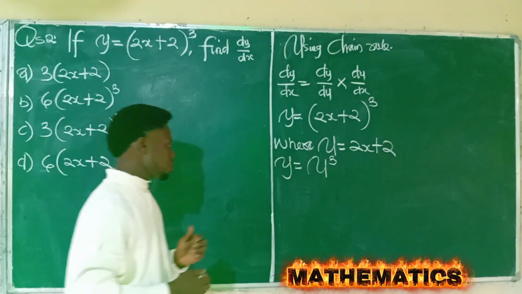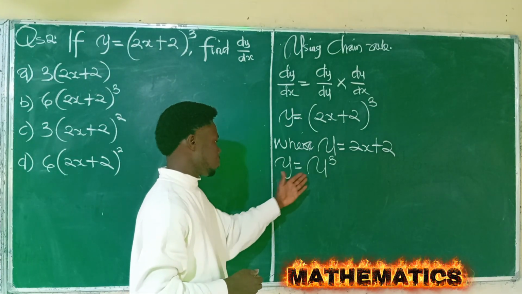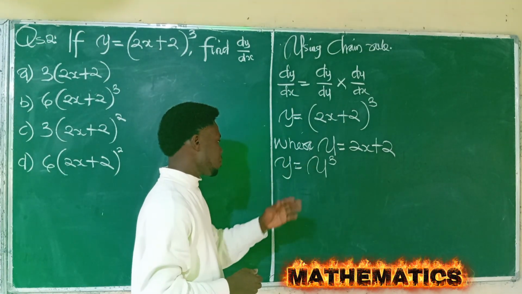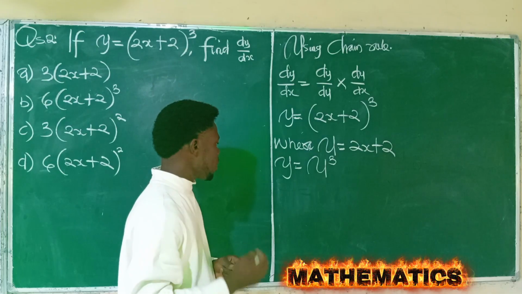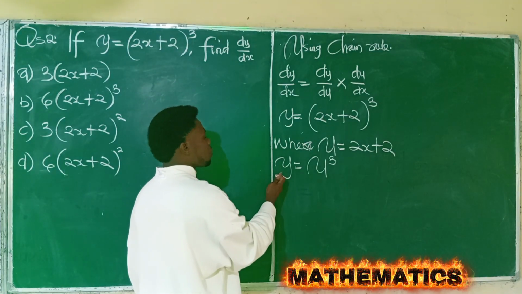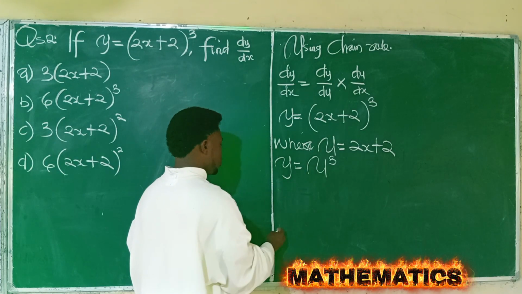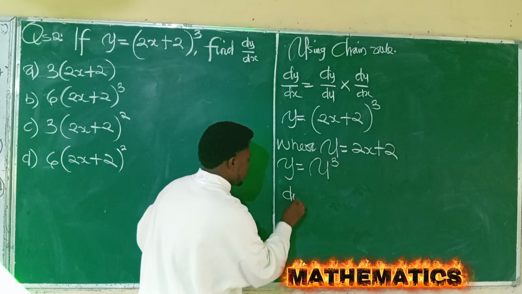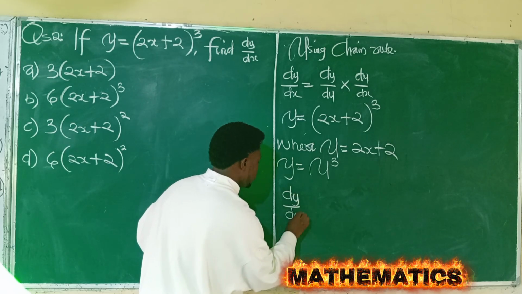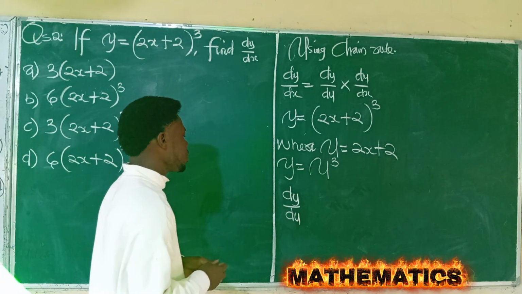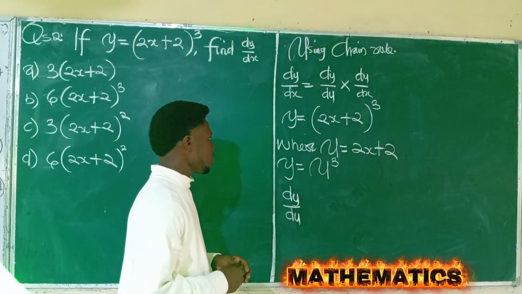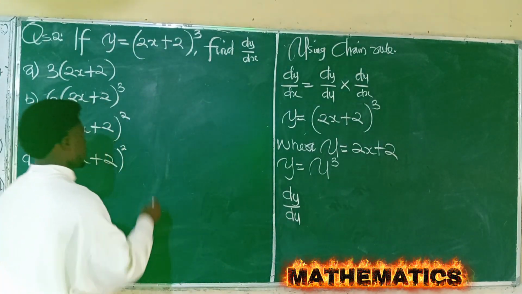Next step is to consider the derivative of y with respect to u and the derivative of u with respect to x. The derivative of y with respect to u is called dy over du. Before considering this, let's go back to this concept.